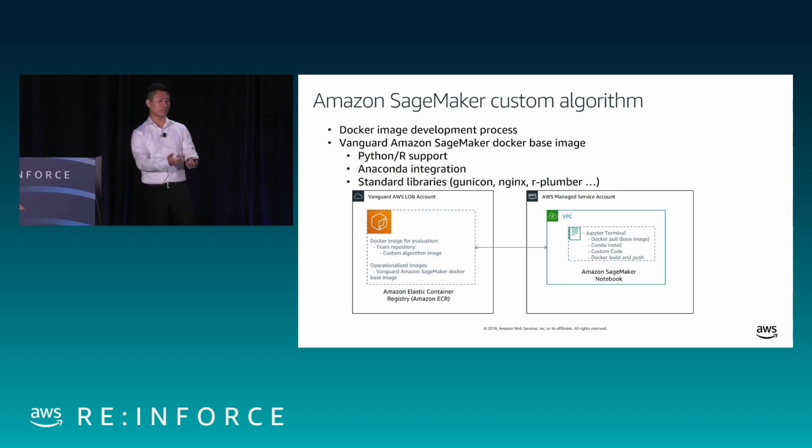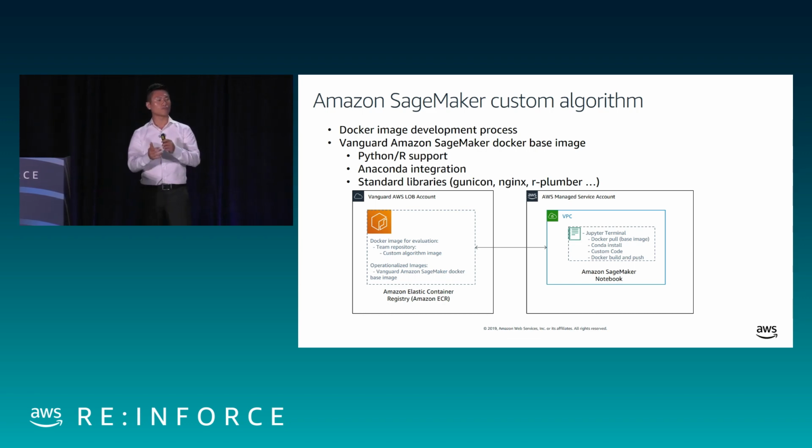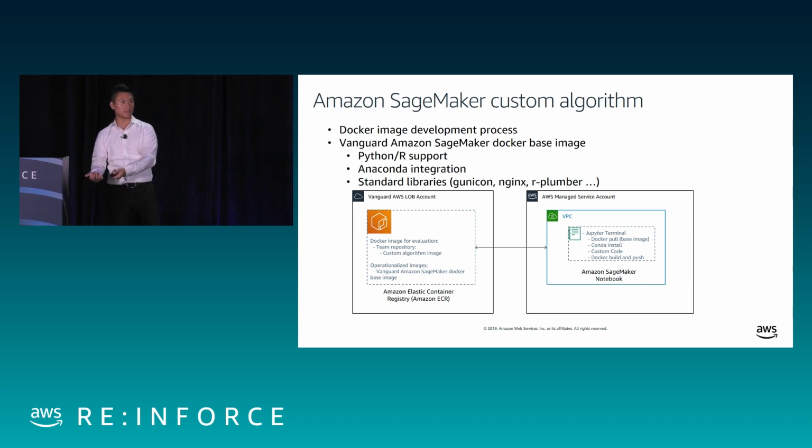The only difference is that for the built-in algorithm and the supported framework, the algorithm image is stored in AWS managed ECR. For a custom algorithm, the Docker container is developed and created by data scientists, and they push that into the Vanguard AWS account managed ECR. That's the only difference.